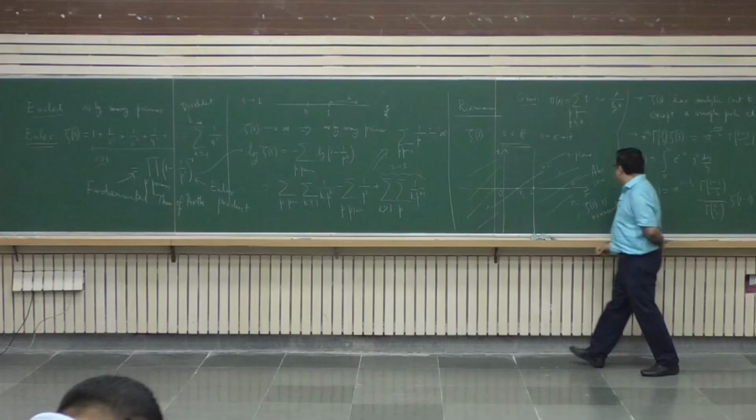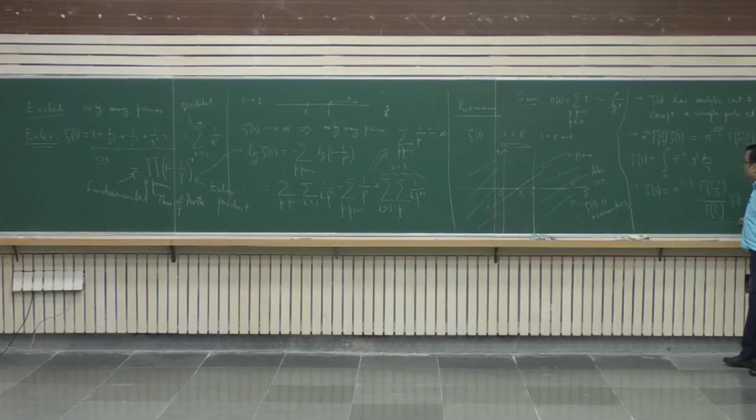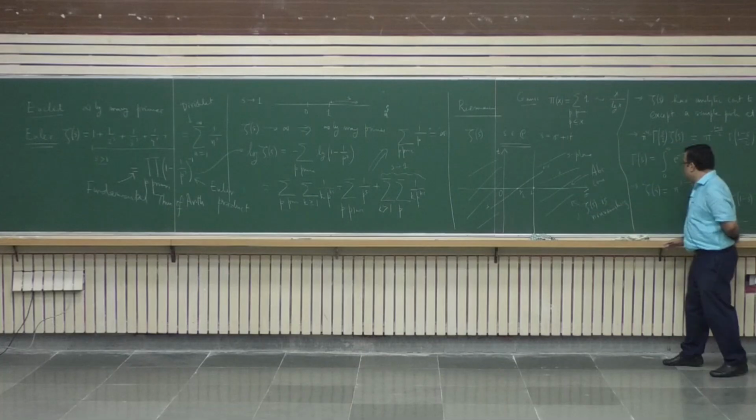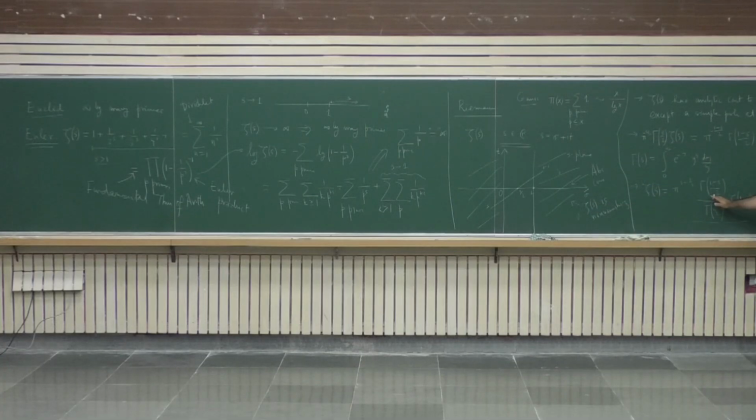For sigma less than 0, 1 minus s is at sigma larger than 1, so it's over here. So this factor is not vanishing. Gamma never vanishes, this also never vanishes. But this one may have both. If there is a pole over here, then it will be a zero for this zeta.